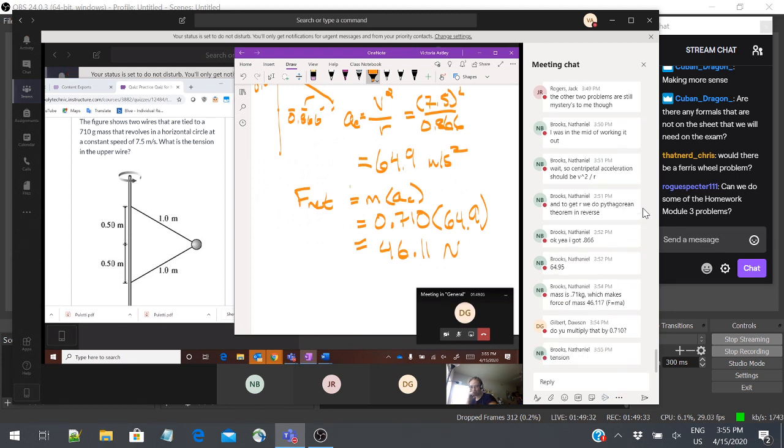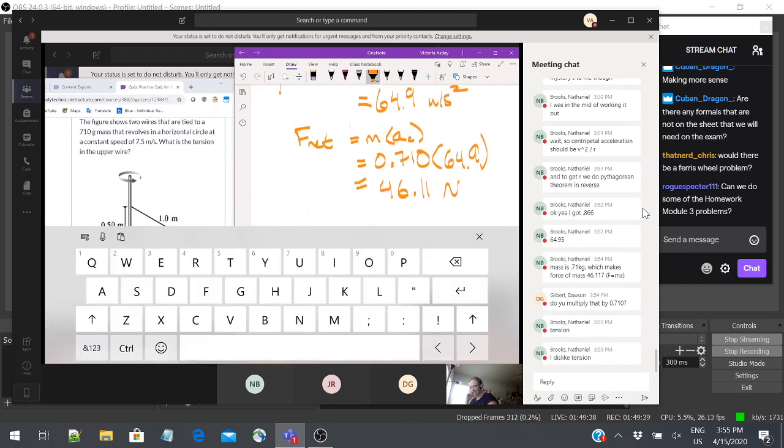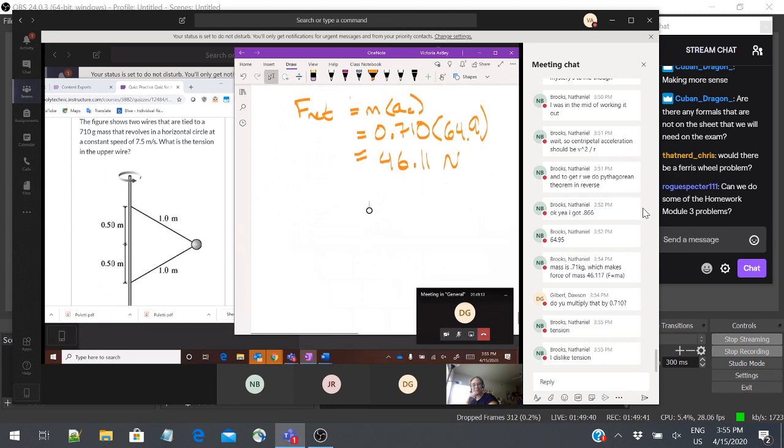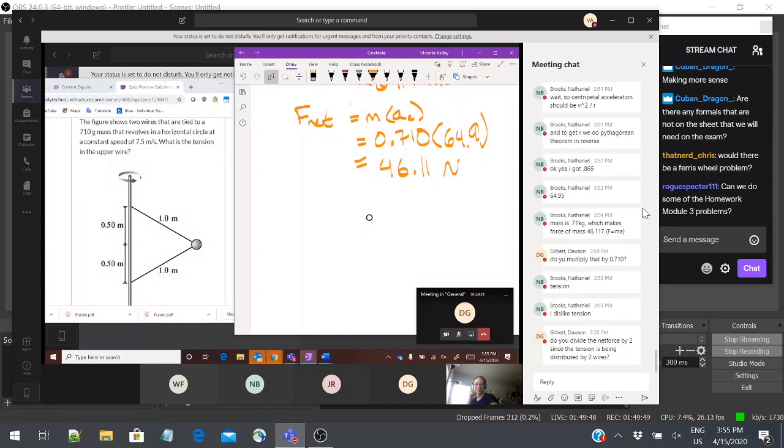Tension. So how do we get from the net force to just that tension? Remember, tension is whatever it needs to be. So what is the thing that I recommend doing when we have force problems? No, it's not being distributed evenly because you got to worry about gravity as well. Good thought, though.